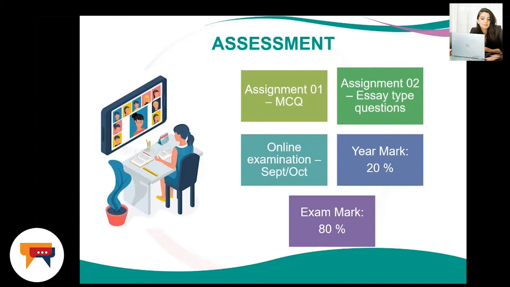Your online examination, which takes place in September, October time, would count 80% of your mark. Remember, when it comes to the exam, it's very important for you to understand that it's basically application of knowledge. We find many students submitting exams that are obviously using plagiarism, taking directly from the study guide with no understanding, no application.